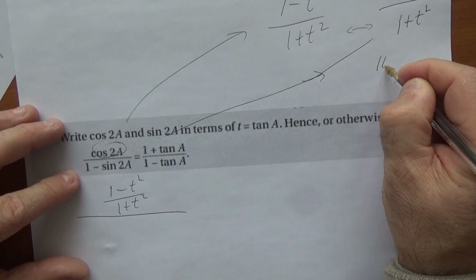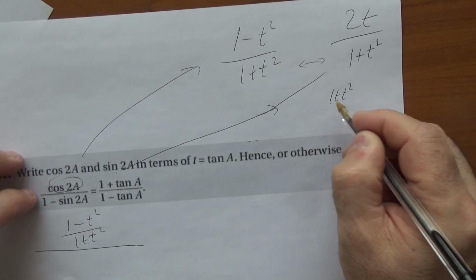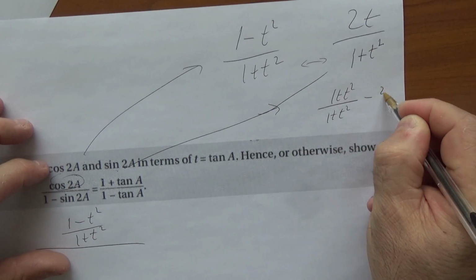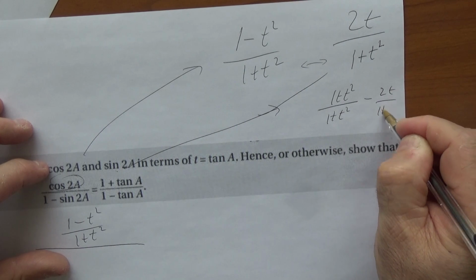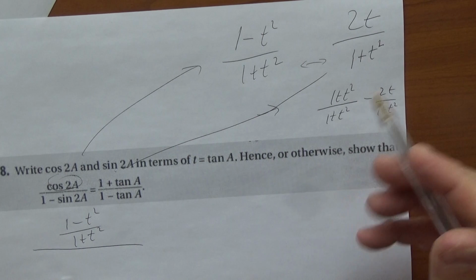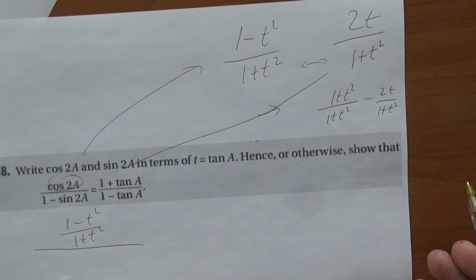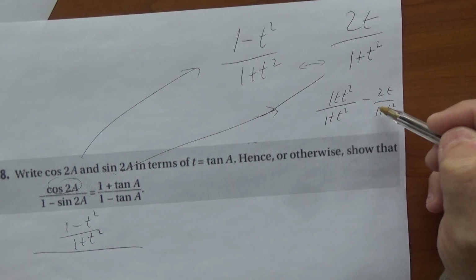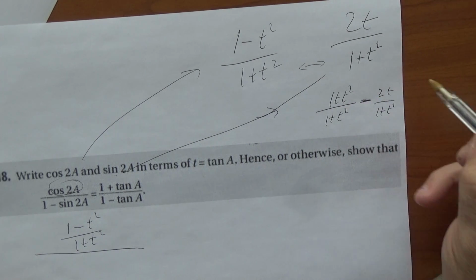I'm going to do that as an aside. We've got to be very fluid with our fractions: once you have a fraction involved, every whole number and every whole expression becomes a fraction. So 1 turns into 1 plus t squared over 1 plus t squared. So these are commensurate, so they can talk to each other.